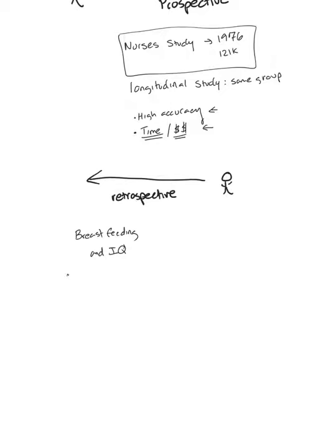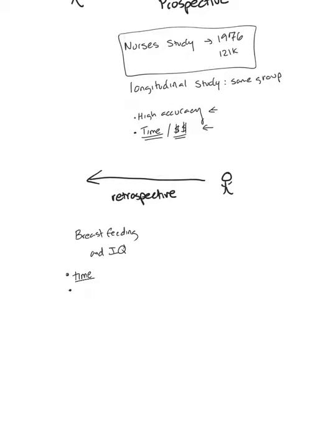So let's talk about advantages first. A really good advantage is that it takes very little time to do this type of study. That is, they went out, they found the mothers, they asked them the questions, and they immediately had data off of it. They didn't have to wait for the children to grow up or the mothers to stop breastfeeding to get the information they wanted.